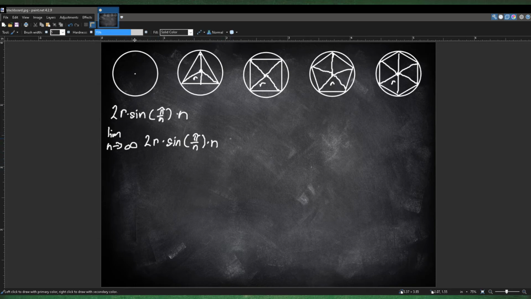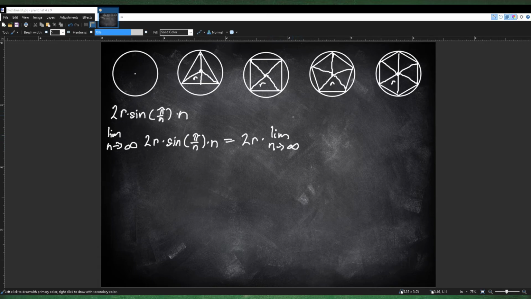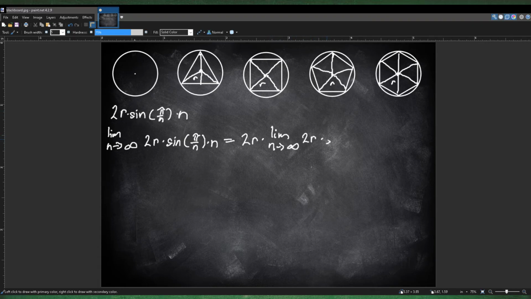2r is a constant, so we can rewrite it as 2r times the limit as n approaches infinity of sine of pi over n times n. Okay, so we can do the same thing. If n approaches infinity here, pi divided by infinity is 0.